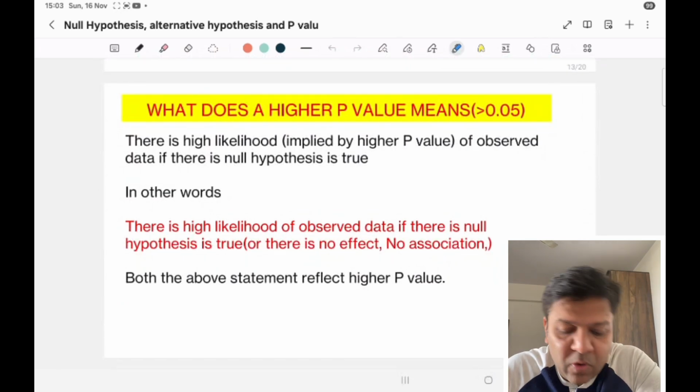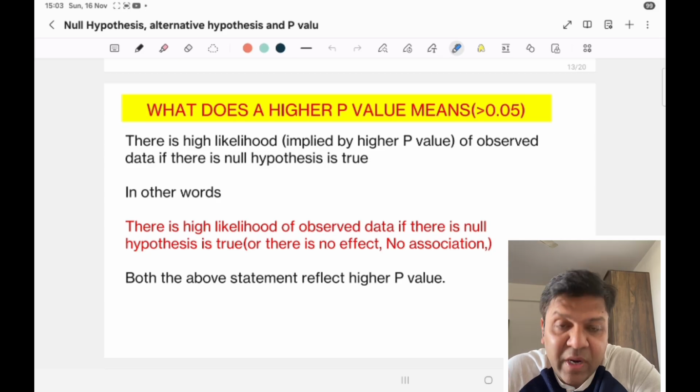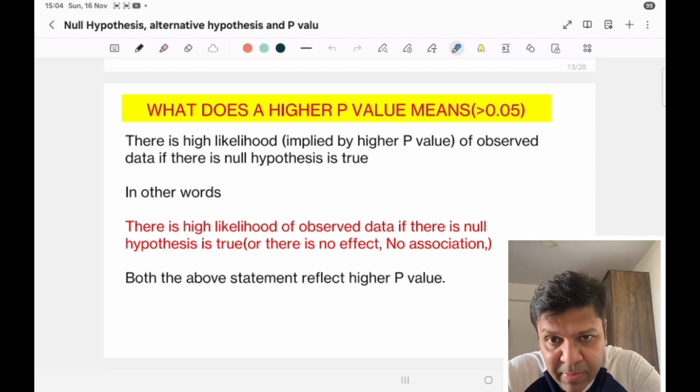What does a higher p-value mean? There is a high likelihood of the observed data if the null hypothesis is true. As we said, the p-value means the compatibility of the observed data with the null hypothesis. So a higher p-value means high compatibility of the observed data with the null hypothesis.